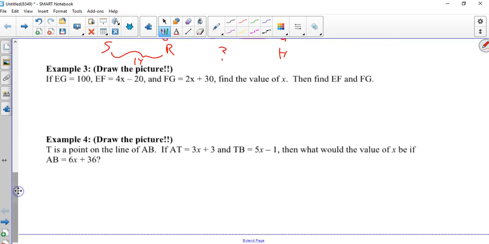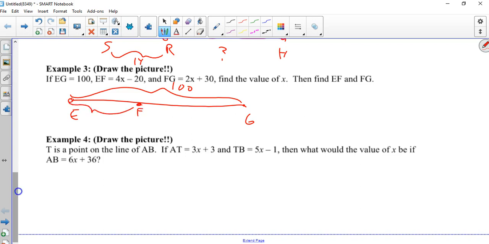Pictures really help. EG is 100. Now we get some algebra. So I'm going to do this and say, here's E, here's G. And I know that's 100. EF, from here to here, F, is 4x minus 20.